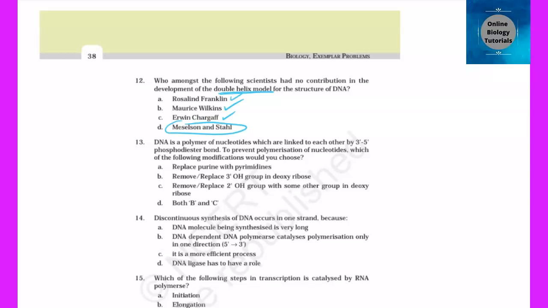Next question: DNA is a polymer of nucleotides which are linked to each other by 3' to 5' phosphodiester bond. To prevent polymerization of the nucleotides, which of the following modifications would you choose? So to do the modification, we will be working on option B, not C, because the 3' to 5' end is included in the phosphodiester bond.